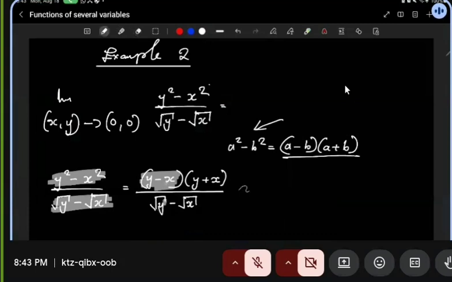To get rid of the square roots, remember, we can multiply with the conjugate. So since I have root y minus root x, I'll multiply with root y, change the sign in the middle to a plus, root x. What I do down, I should do on top.